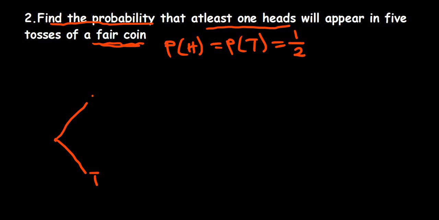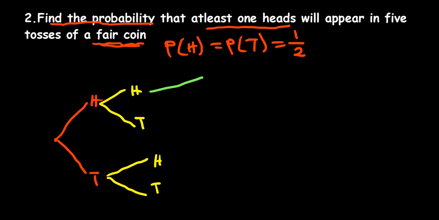The second toss, we can also land head or tail. Then for the third toss, from that head we can go to head or tail, and even this one here we are going to go head, tail.